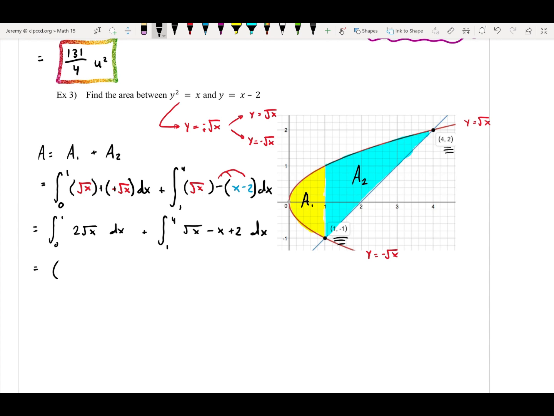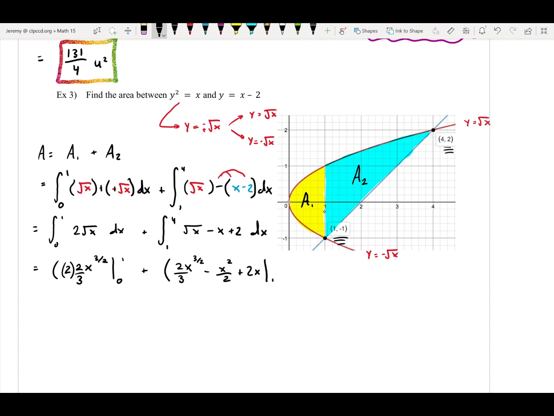Okay, and now I'll take some antiderivatives. Remember, the square root of x is just x to the 1/2 power, so I can write this as 2 times x to the 3/2, right? Adding 1 to that exponent, and then I'll multiply by the reciprocal 2/3. And evaluating that from 0 to 1. Plus, again, taking the integral of the square root of x, we'll get x to the 3/2 with a factor of 2/3 out in front, minus x squared over 2 plus 2x.